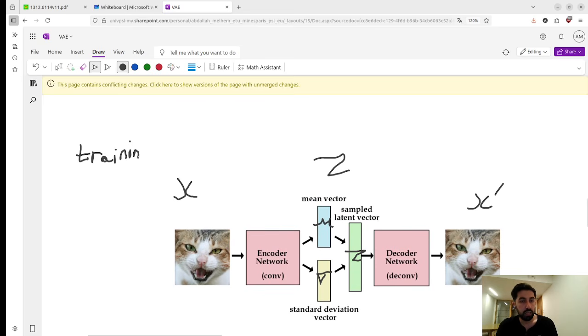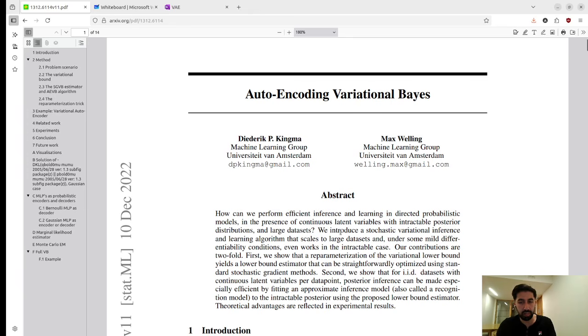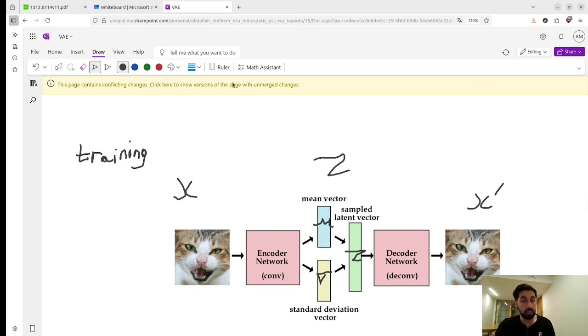Now, you'll be like, okay, it outputted the mean and the standard deviation, then we use them to calculate z. Why don't we just output z? If we go over the abstract, they say that we contributed two main things. The first one is the reparameterization trick. I'm going to go over it in much more detail in the second video, but basically the idea is that z should be random.